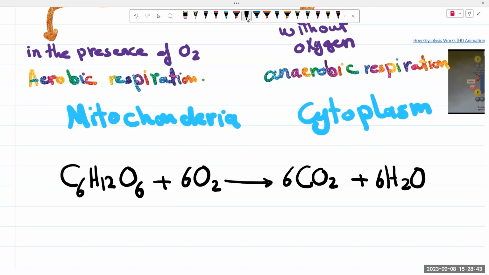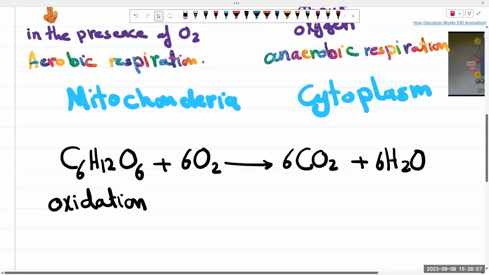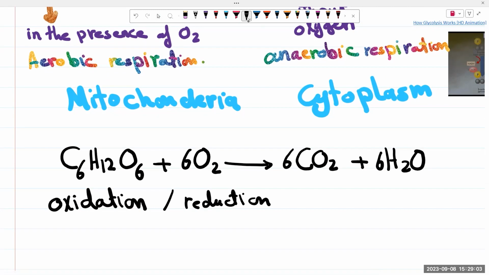So I would like to tell you aerobic respiration is based on an oxidation reaction, or oxidation and reduction, because without oxidation no reduction, without reduction no oxidation, and this type of reaction is called redox.